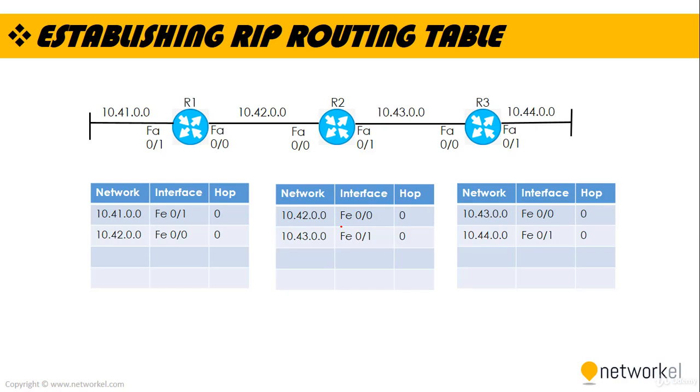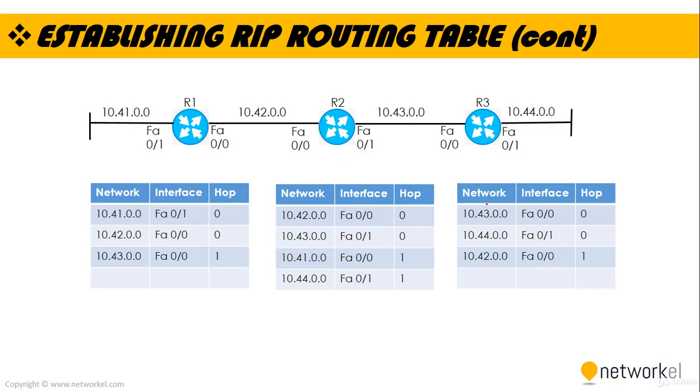In the first stage, all routers install their directly connected networks to the routing table. As you can see, router 1 installs 10.4.1 and 10.4.2. This guy installs the 4.2 and 4.3, and this guy installs the 4.3 and the 4.4.